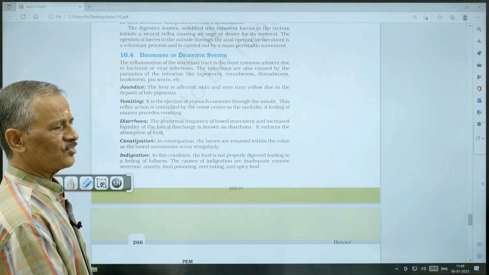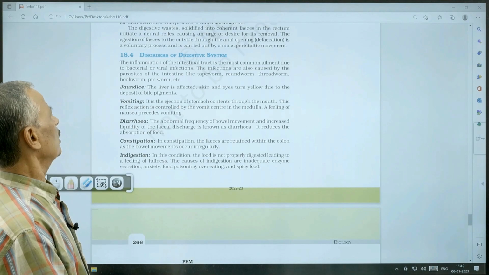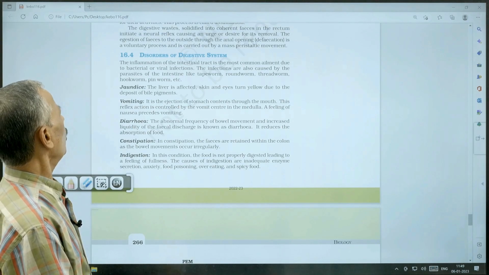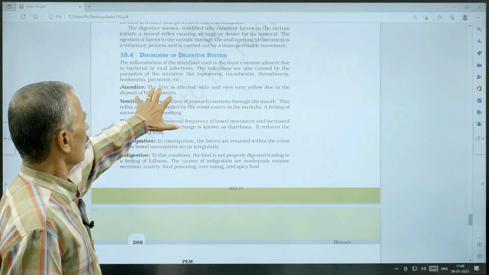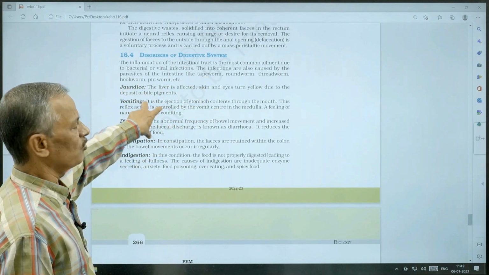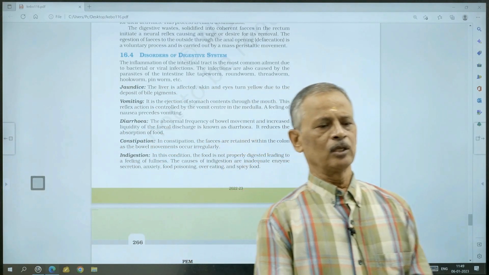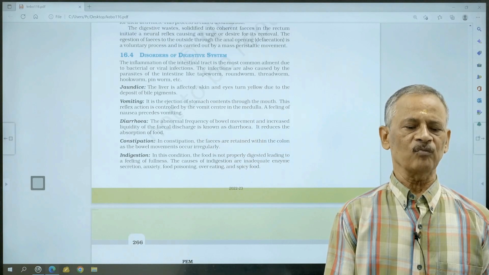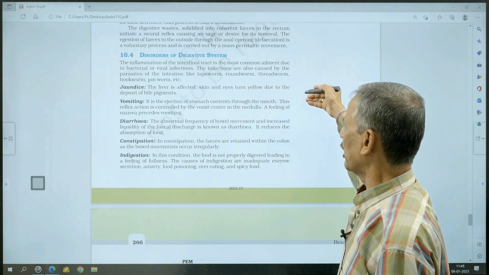So viruses and bacteria enter our body through food, mainly through water. Infection is also caused by a large number of worms like tapeworm, roundworm, threadworm, hookworm and pinworm. It is a contaminative method of infection. Through contaminated food and water, they enter into our body.